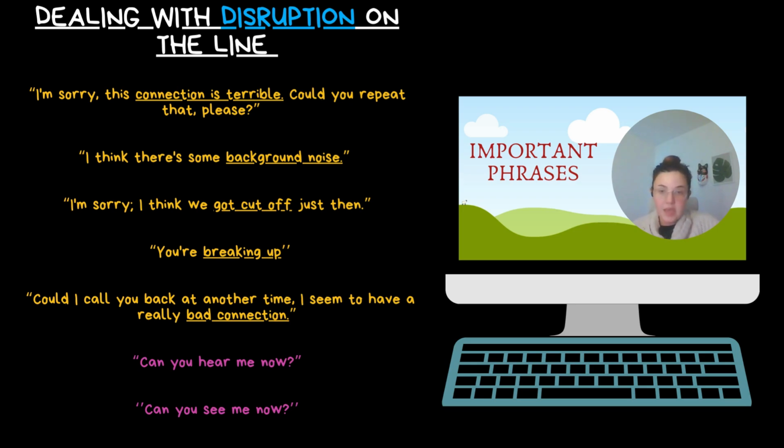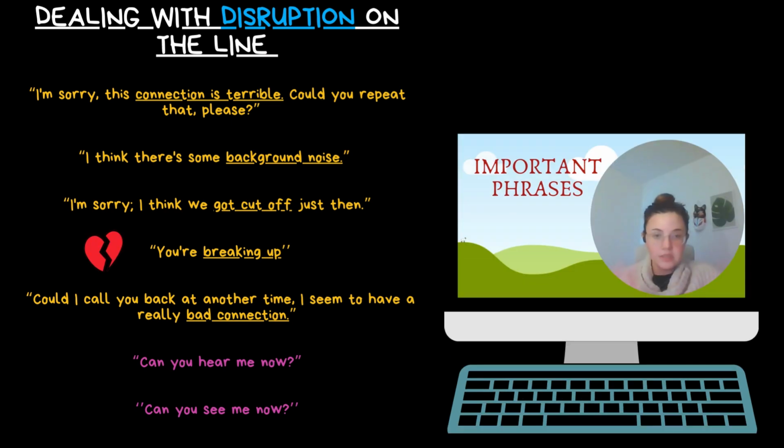Or we can say, sorry, I think there's a lot of background noise. If there is background noise, I'm sorry, we got cut off, which just means the connection or something has lagged, which is skipped a little bit of the video in between.